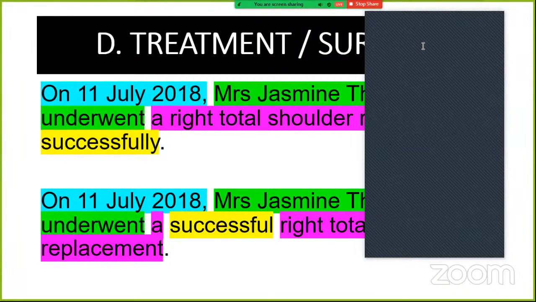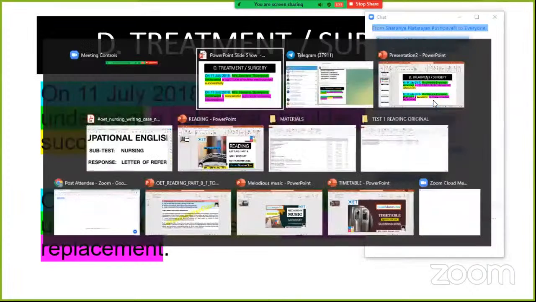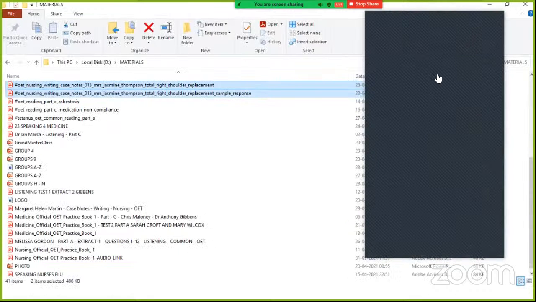On 11 July 2021, Mr. John underwent a total hip replacement surgery successfully. So you have written this sentence. Right, very good. But I want to show you something. Do you want me to correct your sentence? Is that okay for you? Yes, sir. Okay, with your permission.